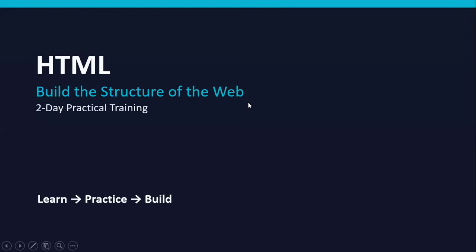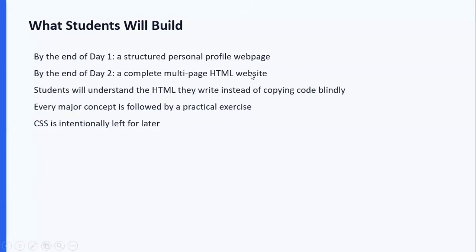So I think some of us, if not all, understand the basics of HTML. So let's go into it. What are the things I would expect you to build at the end of our classes? For today, we're going to build a structured personal profile web page.